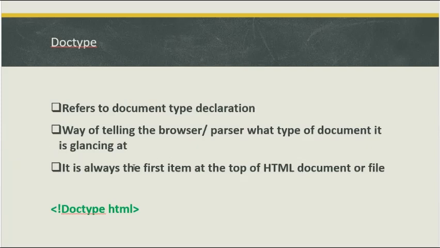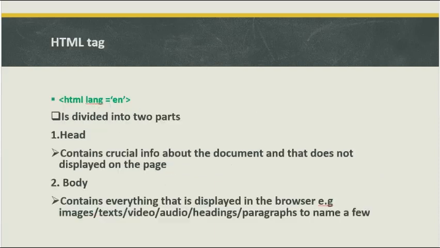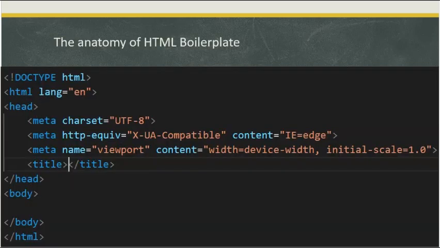So it's just a way of telling the browser that this is an HTML file. This is the syntax: less than, exclamation mark, then you type doctype, and the document is html, then greater than, you close this. It can be written in small letters, or you can capitalize it, whatever.